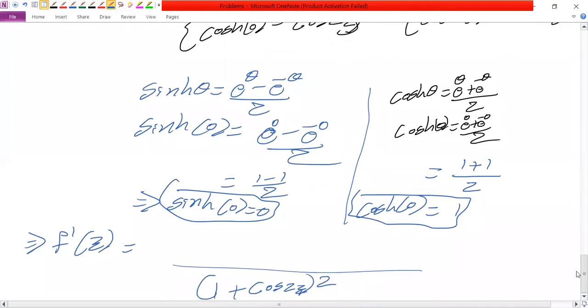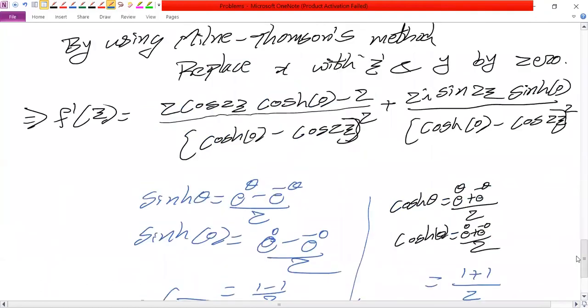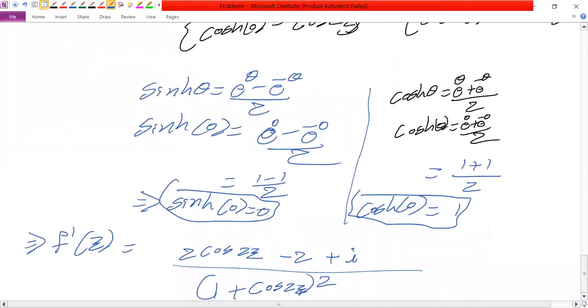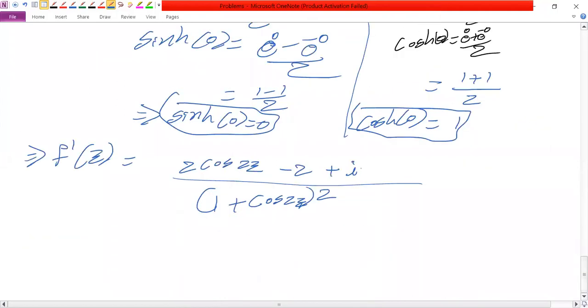So finally 2 cos 2z minus 2, plus i into anything, but sinh 0 is 0, so everything will be 0. Is it clear?